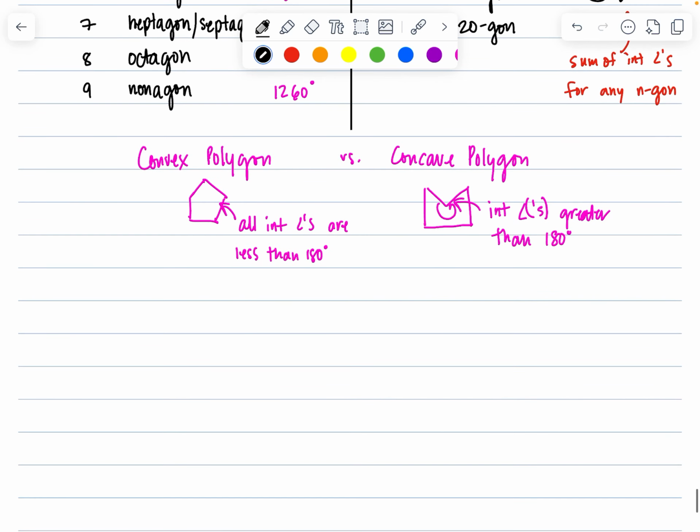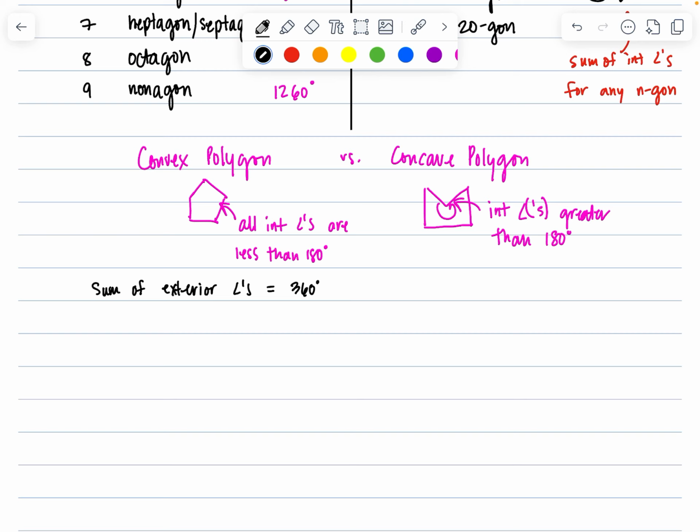So this is an important feature about polygons: the sum of exterior angles is always going to be equal to 360 degrees.